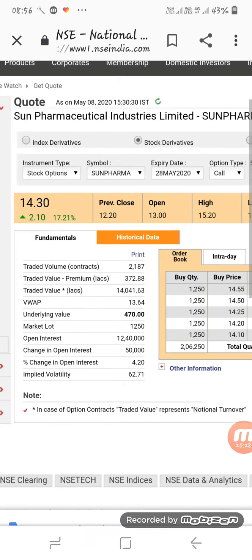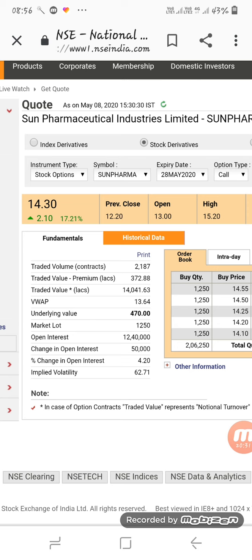So by paying 13, and it increased to 14.30, it is a 17.21% gain. But there are many things which we need to understand before jumping into the derivative market. There are various sorts of analysis and sophisticated analysis.